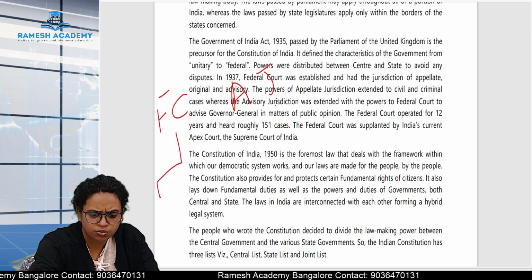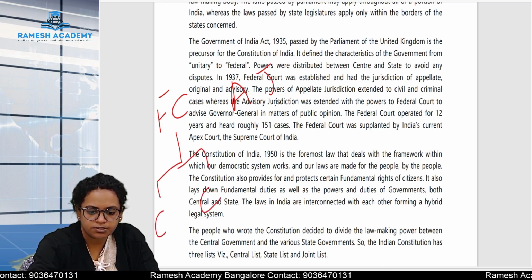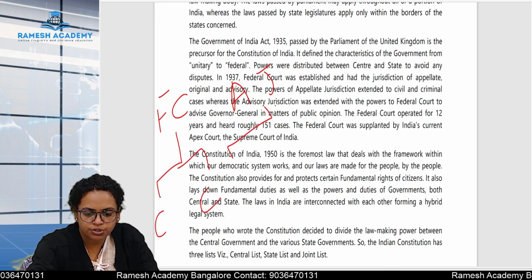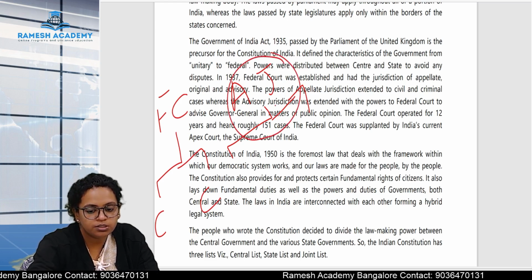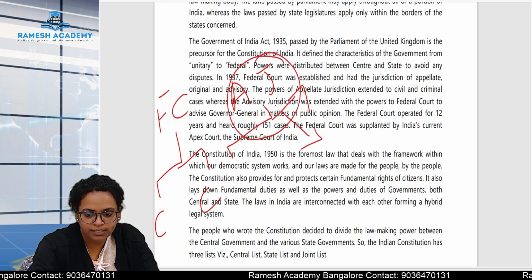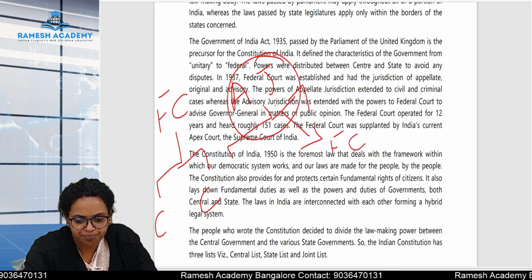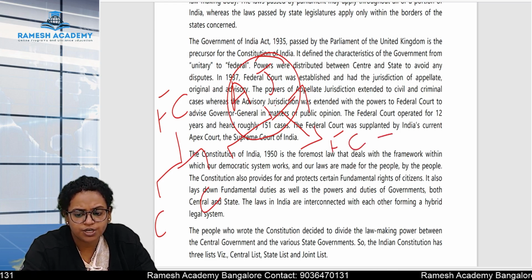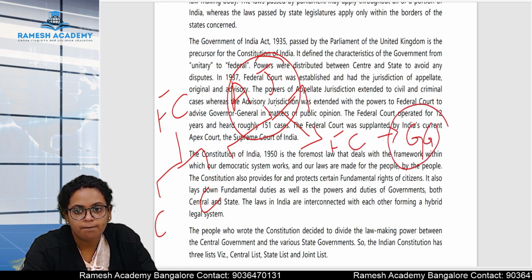So the federal court takes care of civil cases and it also takes care of criminal cases. The advisory jurisdiction extends the power to the federal court in order to advise the Governor General in the matters of public opinion. So this advisory jurisdiction will only help the federal court to advise the Governor General to take the decisions on public opinion.